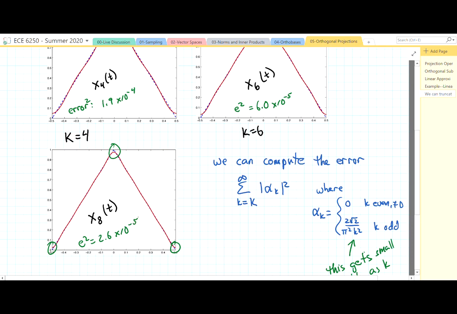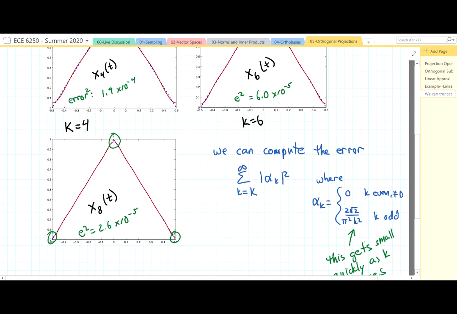So it's decreasing as we go. All right. That's it.